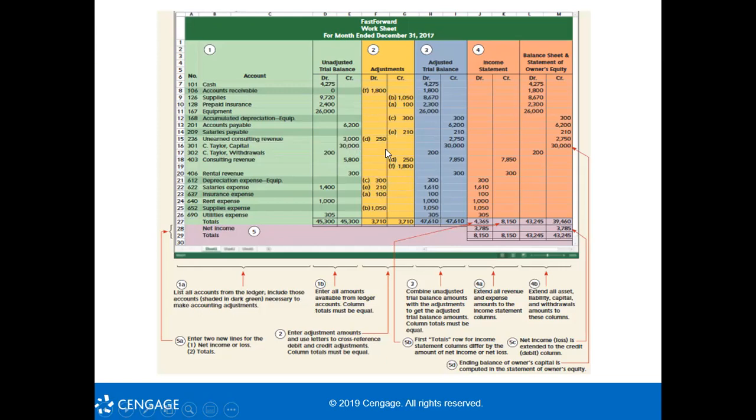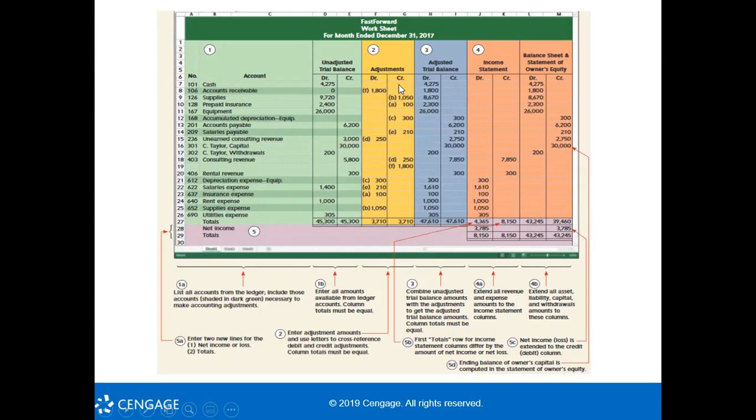You can see that not all accounts get adjusted, but we make adjusting entries as necessary. And then we prepare the adjusted trial balance to update all of those balances in the accounts after the adjusting entry. I'm not going to go through every line here, but we see, for example, cash had a debit balance of $42.75.